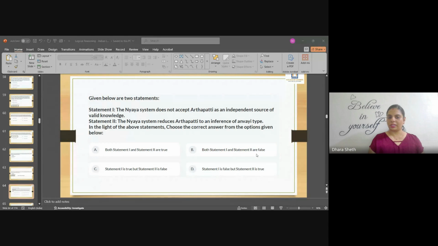Next, the Nyaya system does not accept arthapti as an independent source of valid knowledge. True or false? Second statement, the Nyaya system reduces arthapti to an inference of anvayi type. True or false? One is false, but two is true.